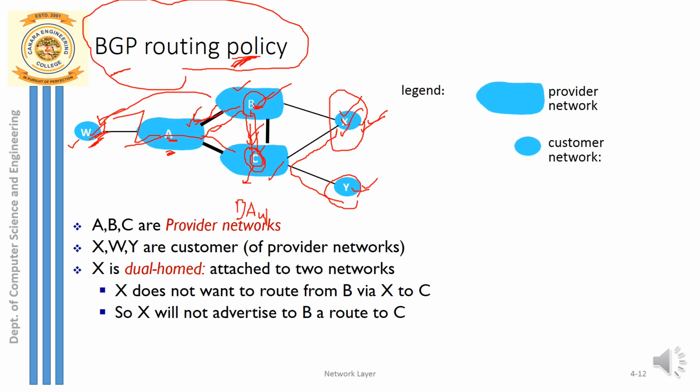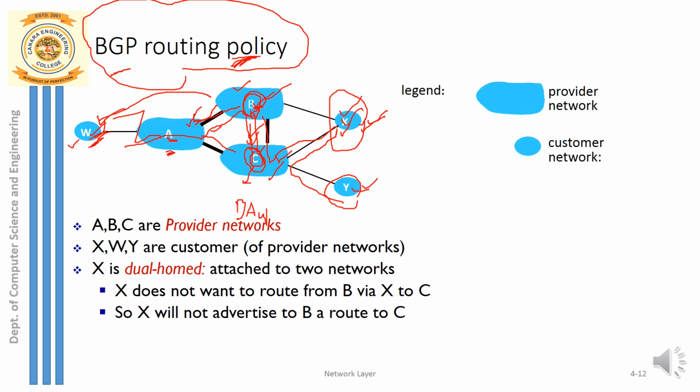So suppose this reachability information is shared, and C comes to know that W is also reachable through B. In that case, all the incoming packets from X can be redirected to B. So that means C is simply putting the headache of passing the packets from C to W on B. Actually C had to send to W, but C simply redirects the packet to B. So it is something like, let B provider take the headache of passing the packet to W. So B then will redirect to A and then it will reach W, right? So C is simply passing on the burden to B.